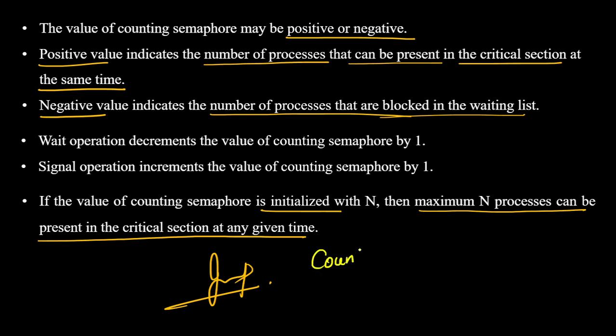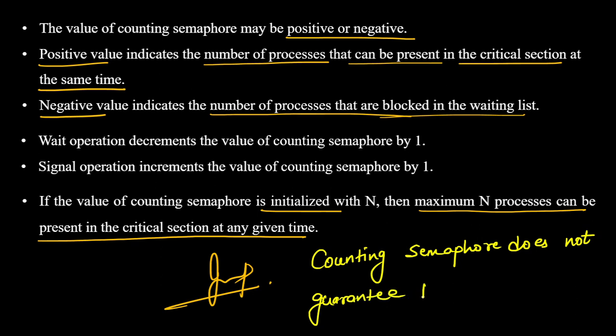counting semaphore does not guarantee mutual exclusion. And why does it not guarantee mutual exclusion? Because at one point of time multiple processes can enter the critical section, and mutual exclusion says that only one process should be allowed inside the critical section.